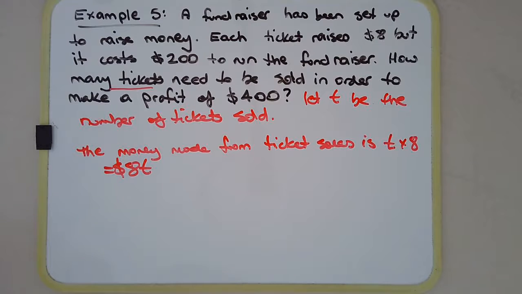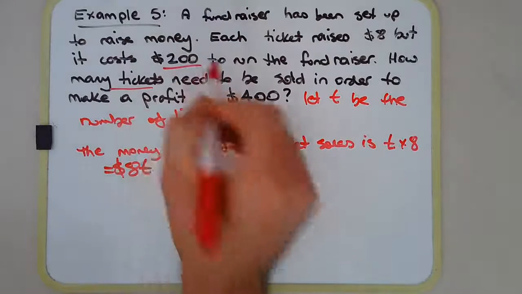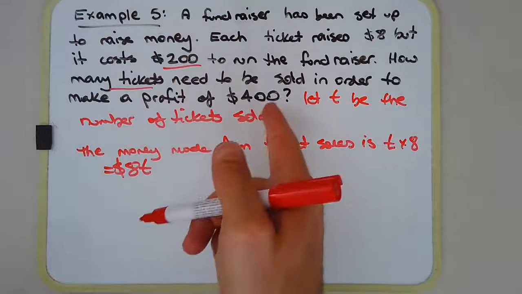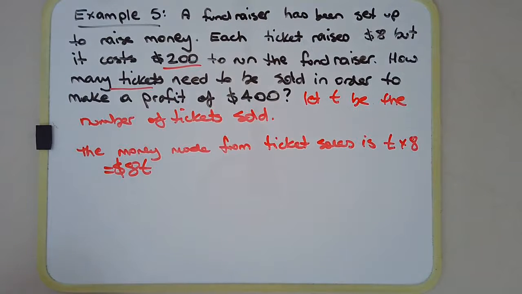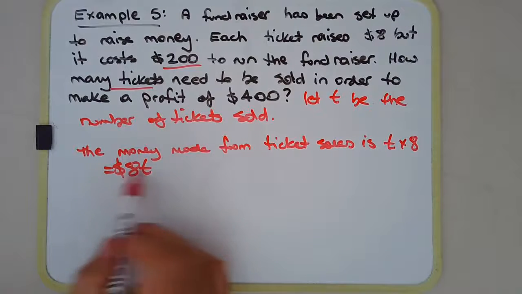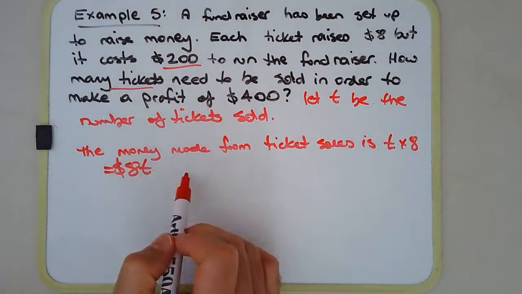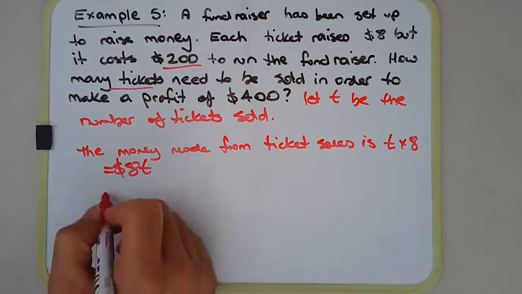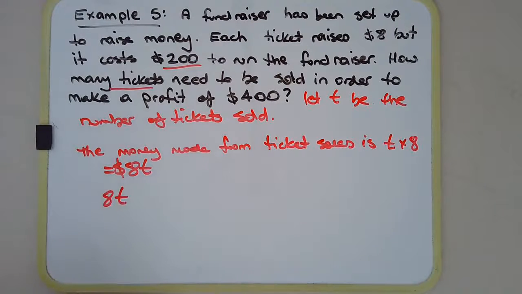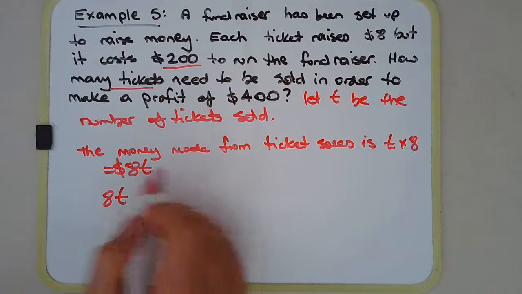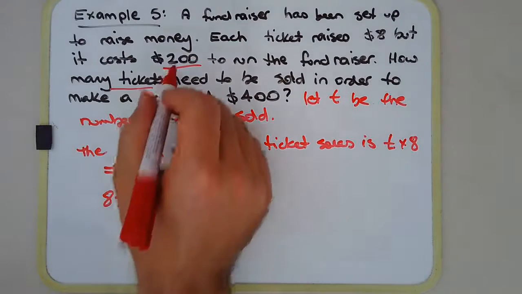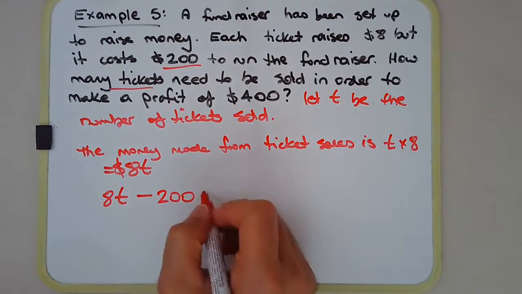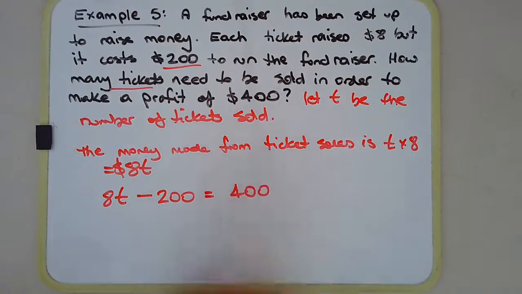How much does it cost to run? It costs $200. But we want to make a profit of $400. So we sell some tickets, we take away $200, but we still want to end up with $400 in the end. So we can form an equation: 8T, the money made from ticket sales, minus the $200 it costs to run the fundraiser, equals $400.